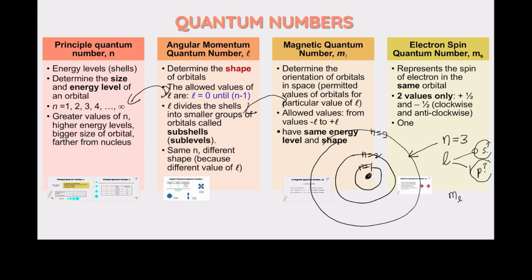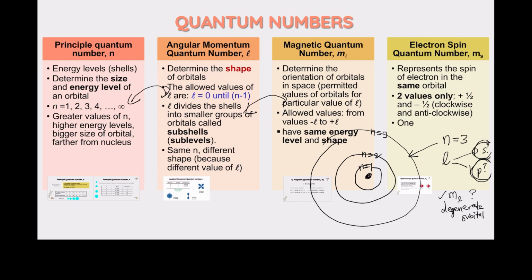So by knowing the value of the ml, you will know what is the subshell of the s and p. Apakah tempat-tempat, pembahagian tempat di dalam s dan juga p yang kita boleh jumpa lagi elektron. Okay, so probably pada ml ini, you boleh jumpa degenerate orbital.